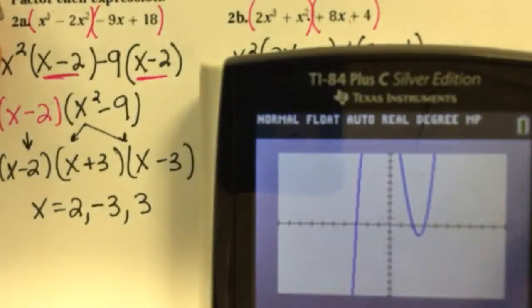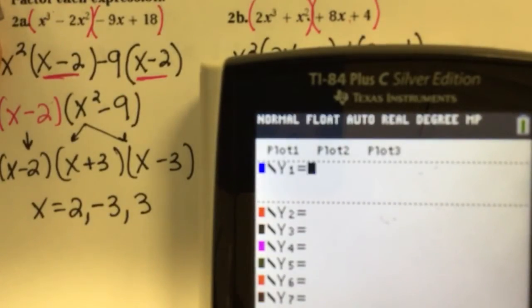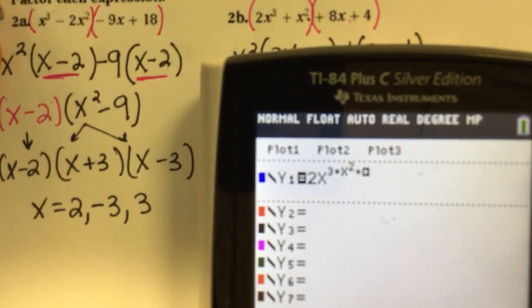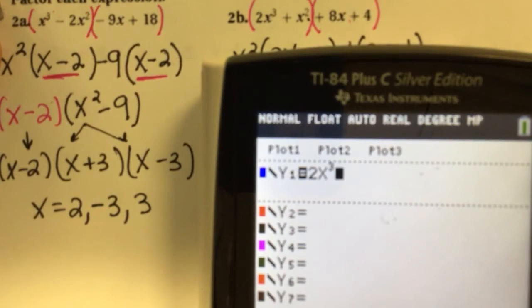So let's graph it and see if I'm right. All right, so we have 2x cubed plus x squared plus 8x plus 4.